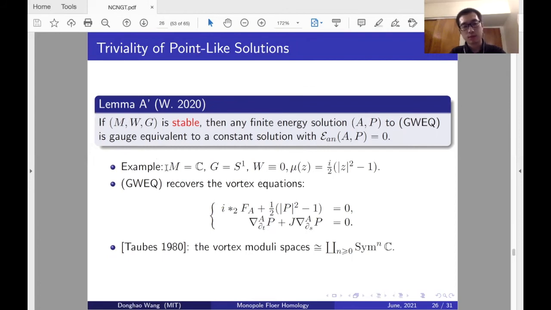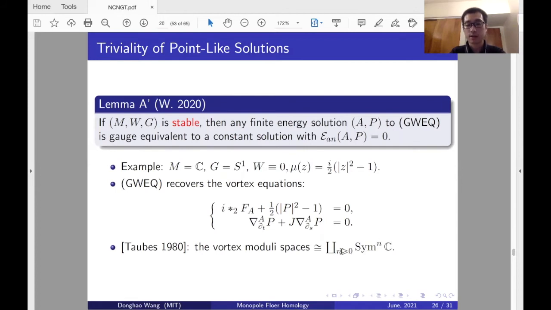So let's come back to this non-stable example when M is C and G is the circle. In this case, the gauged weighted equations will recover the vortex equation studied by Professor Taubes back to 40 years ago. So in this system, A is a U(1) connection on C, and P is a complex valued function. The second equation here is simply saying P is holomorphic with respect to this connection. Then this theorem of Taubes says this vortex moduli space is homeomorphic to this union of symmetric products of the complex plane.